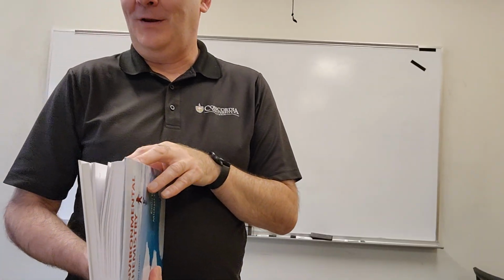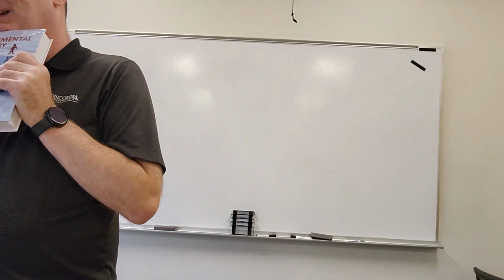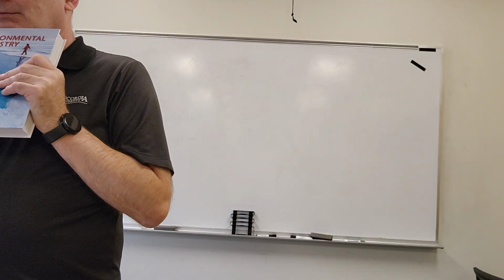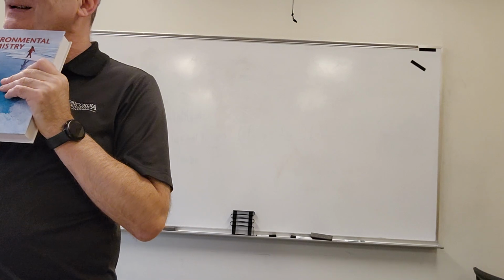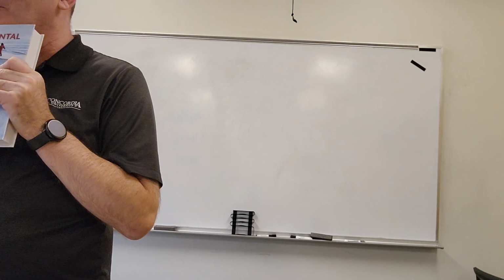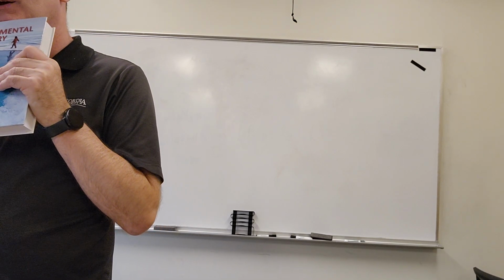Because the tone of the book is, we apologize for what we did to the ozone layer. We apologize for what we did to the greenhouse gases. We apologize for this and we apologize for that. And in the context of how history works, we had no idea at the time. At the time, we had absolutely no idea.